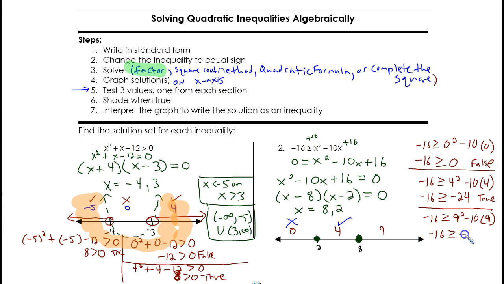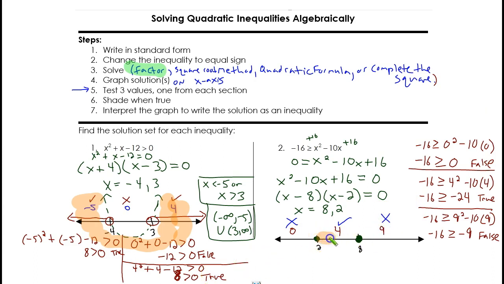Is negative 16 greater than negative 9? Well, negative numbers are to the left on a number line, right? So negative 16 is to the left of negative 9, which means it's not greater than negative 9. That's a false statement. This one doesn't work.